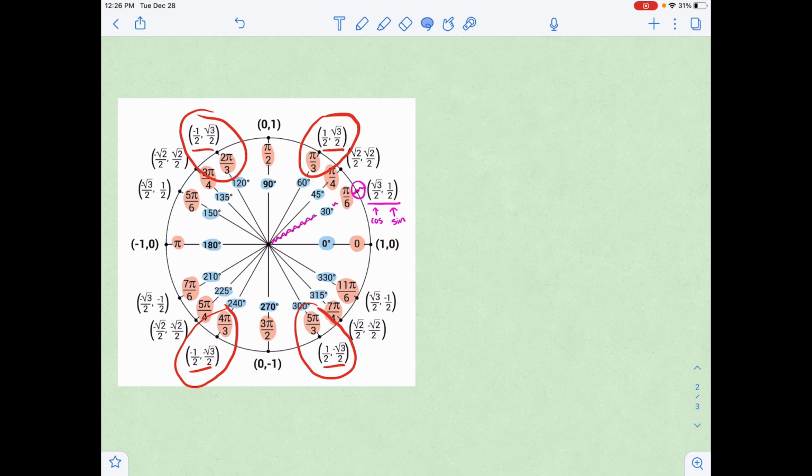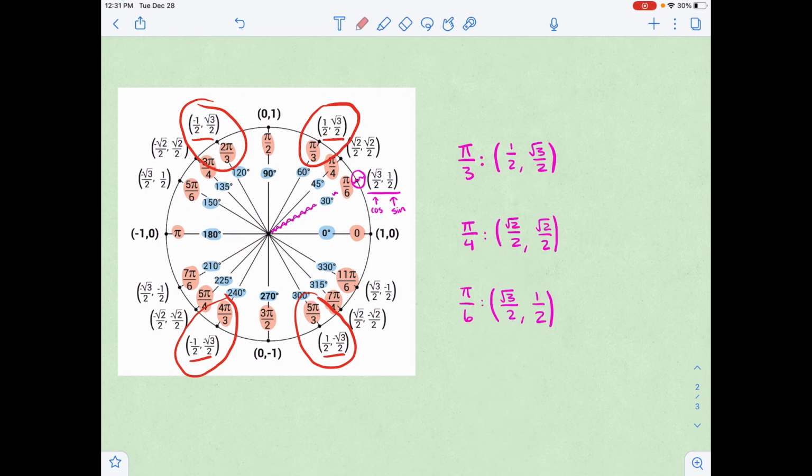Since pi over 3 is in the first quadrant, both the x and the y coordinates are positive. Since 2 pi over 3 is in the second quadrant, the x coordinate is negative, while the y coordinate is still positive. Since 4 pi over 3 is in the third quadrant, both the x and the y coordinates are negative. And since 5 pi over 3 is in the fourth quadrant, the x coordinate is still positive, but the y coordinate is negative. So right here, I just basically wrote down all of the points for each denominator.